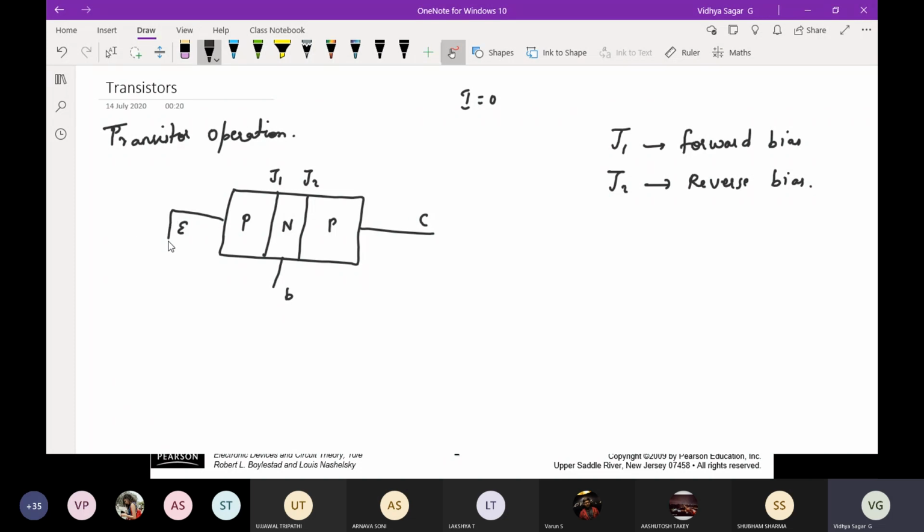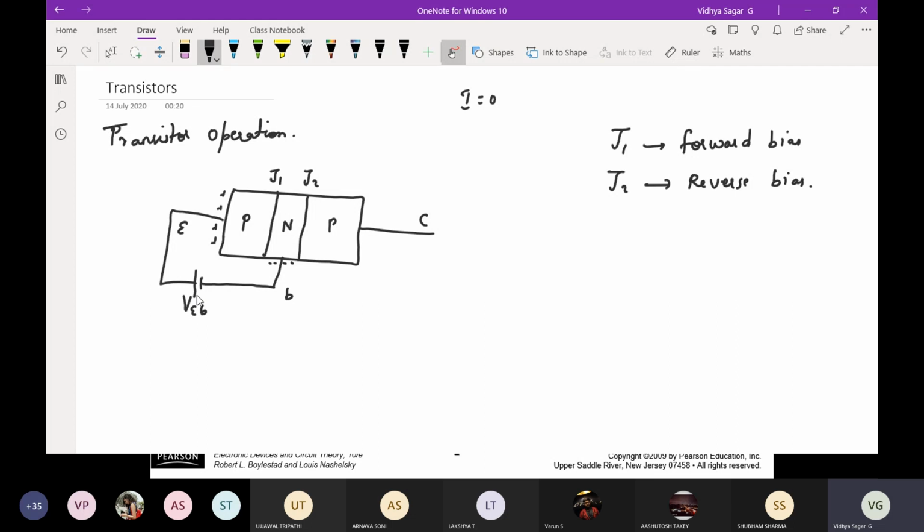To make junction J1 forward biased, I apply an external voltage, positive and negative. The positive terminal is applied here and the negative here. I'm going to name this potential VEB, the emitter to base potential.